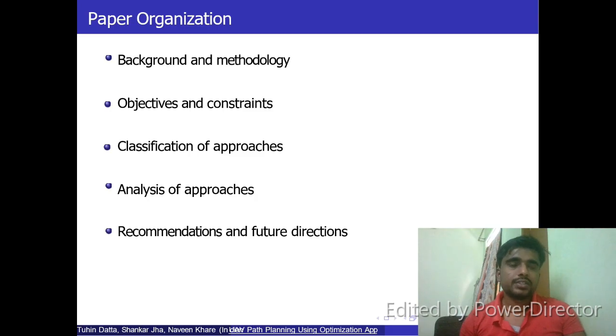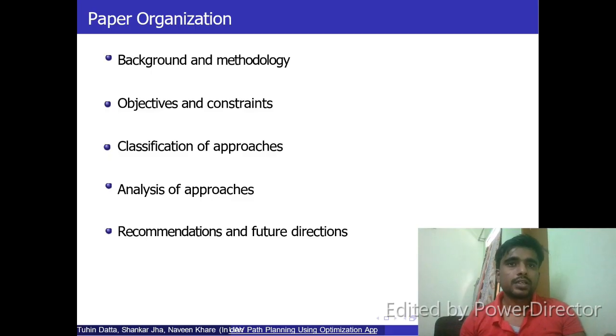Paper organization. The paper is logically structured to provide a comprehensive understanding of UAV path planning approaches. It begins with background information and research methodology, followed by a detailed discussion of objectives and constraints in path planning. The core of the paper presents a classification of different approaches, followed by an in-depth analysis of these approaches.